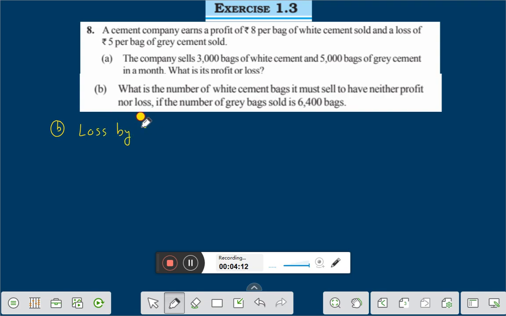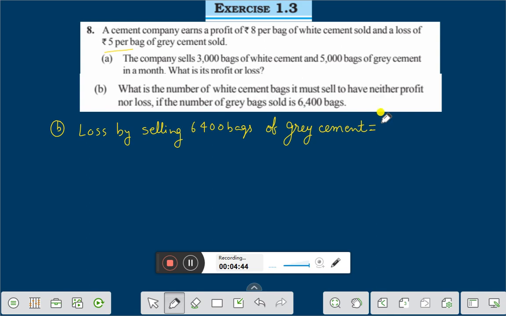Now loss by selling 6400 bags of grey cement is equal to, here you see the loss is rupees 5 per bag, right?